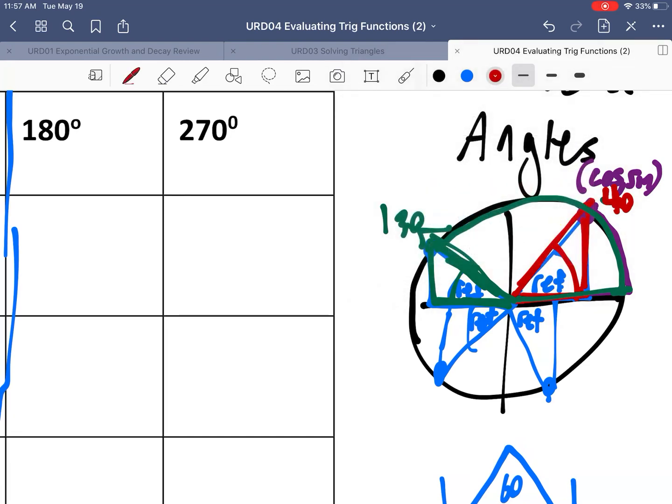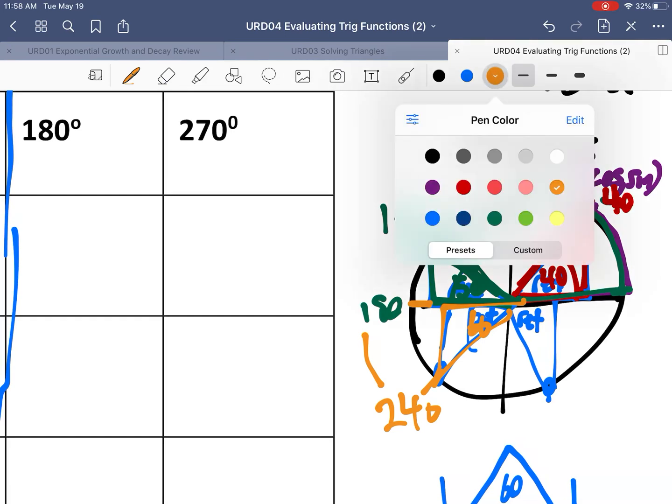So in the first case, our reference angle was 40, because it's always the acute angle in this triangle here. So from 130 to 180, this distance is actually going to be 50 degrees. So this would be a reference angle of 50 degrees. And the reference angle in the triangle down here, if we were to call this endpoint 246, the distance from 180 to 246 would be 66, making this a 66 degree reference angle.